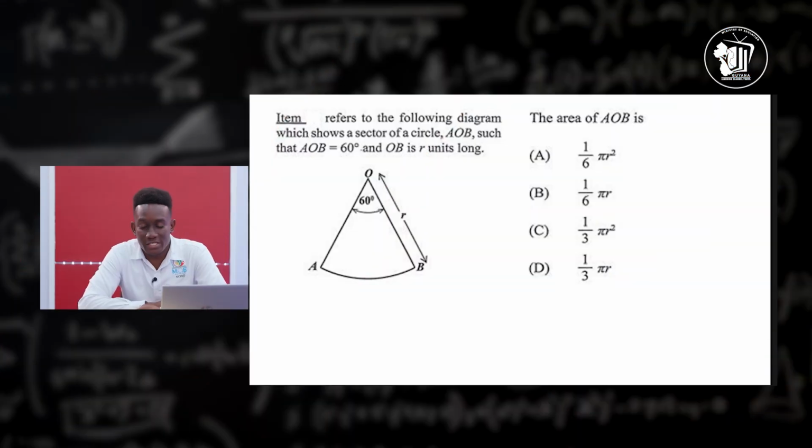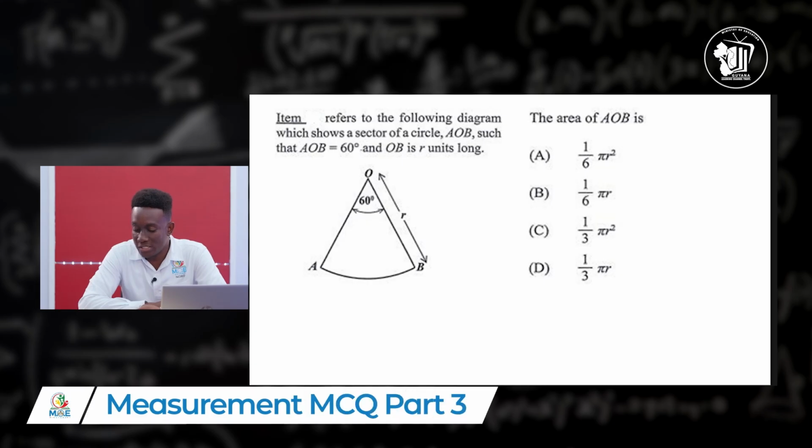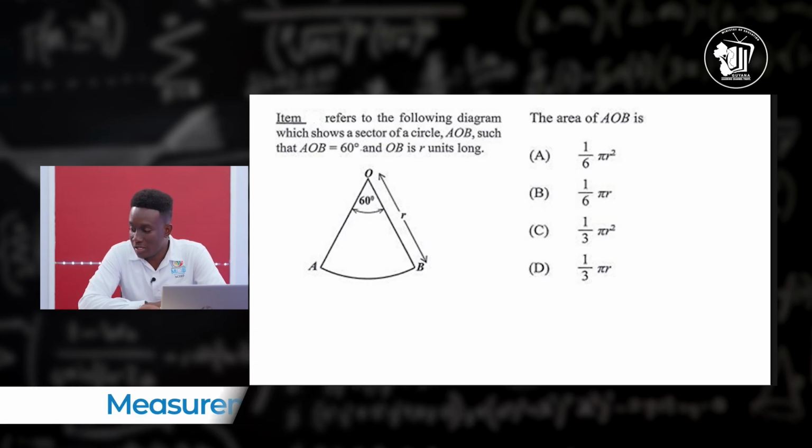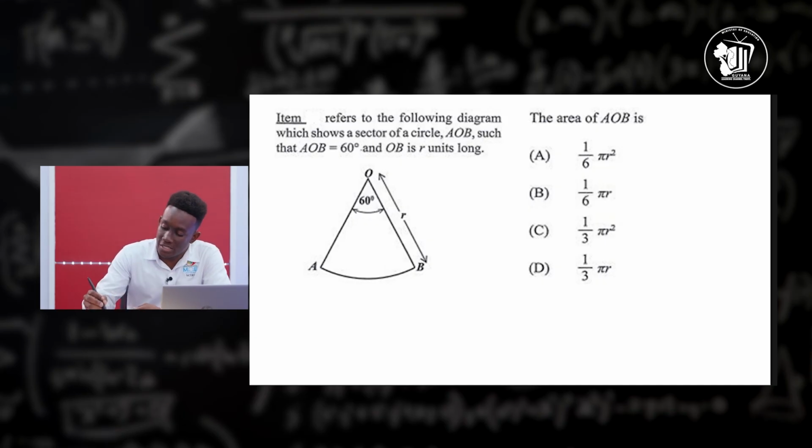So the next question says, the item refers to the following diagram which shows a sector of a circle AOB such that angle AOB is equal to 60 degrees. The question is asking for the area of the sector. We know the angle is 60 degrees, and the formula to find the area of a sector is theta over 360 multiplied by pi r squared.